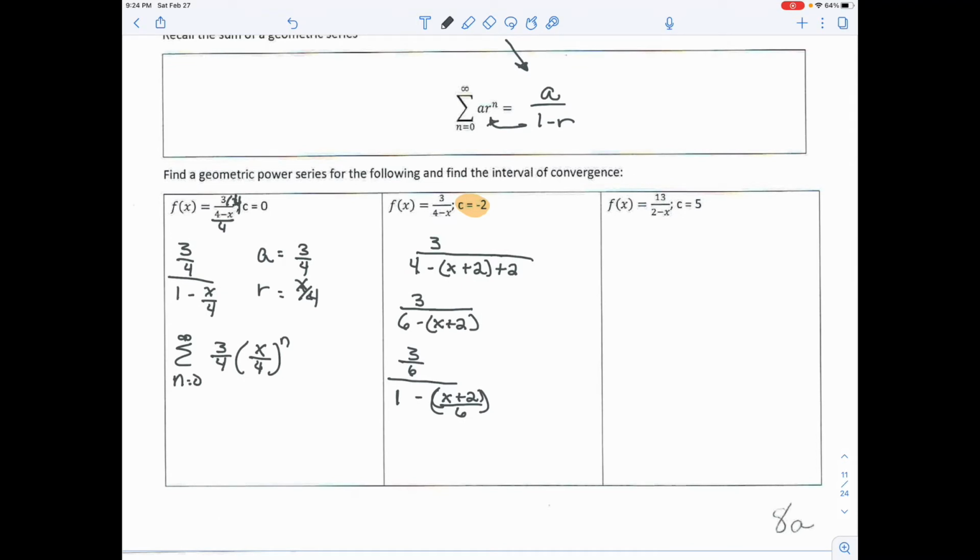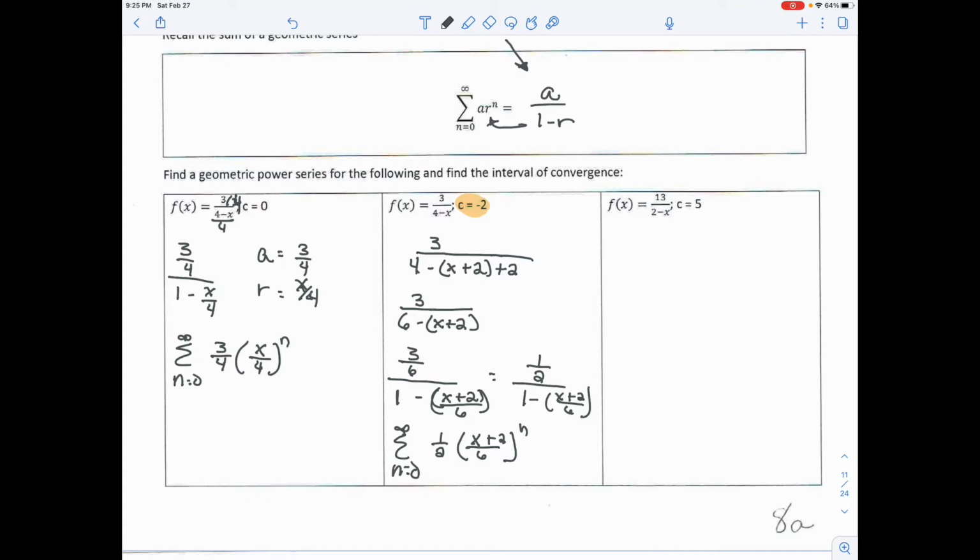So that will give me 1/2 over 1 minus x plus 2 over 6. So if I take it back to my form, I have a, which is 1/2, and r, which would be x plus 2 over 6 to the n.